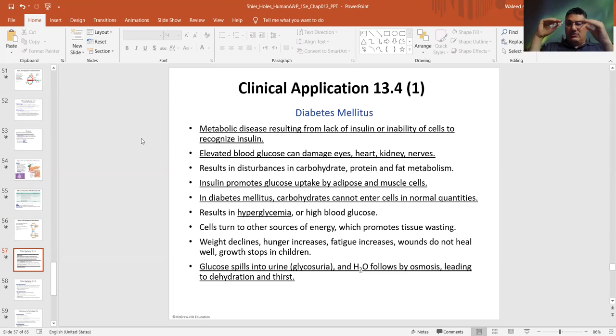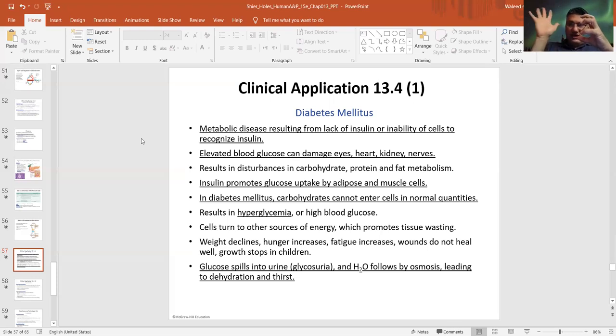So now since the cells are not going to take that glucose for whatever reason, either there is not enough insulin or you do have enough insulin, but it's not doing the job because the cells are not responding. In all cases, follow the scenario to understand this. You don't have enough insulin, or insulin is not effective.